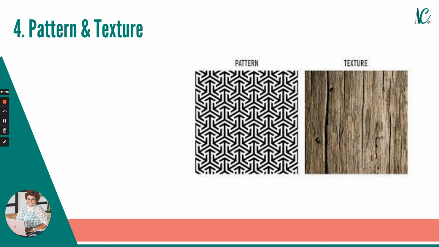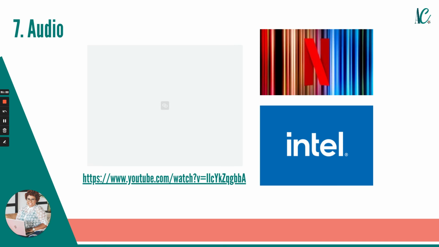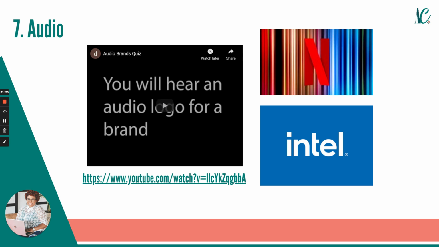Okay, so let's get back on point. Okay, so then audio. Audio could be a very memorable, important part of your brand identity. When you look at this Netflix thing, I know you already hear the sound in your head. When you see this Intel, I think Intel's is like that, bum bum bum bum, at a higher octave.